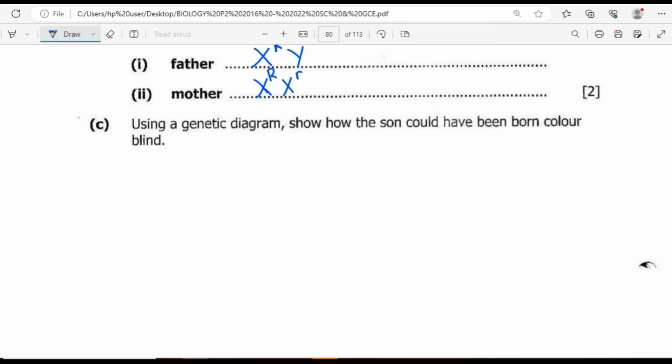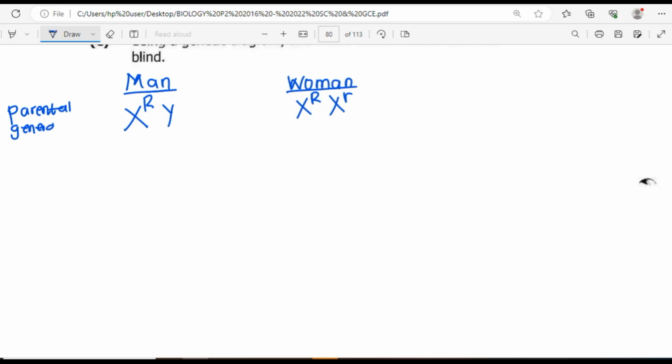Then, using a genetic diagram, show how the son could have been born colorblind. Okay. So say parental generation, P1.